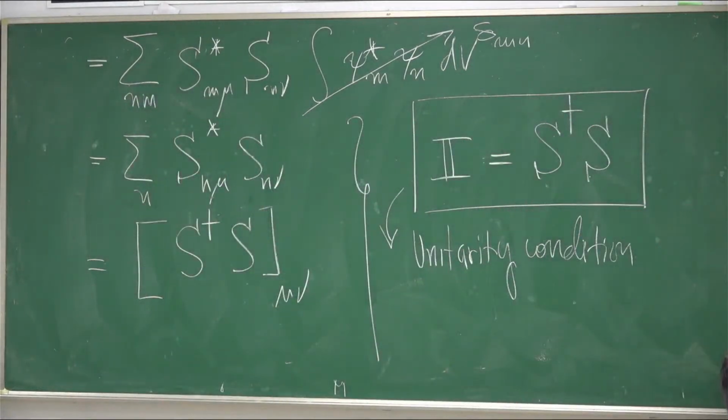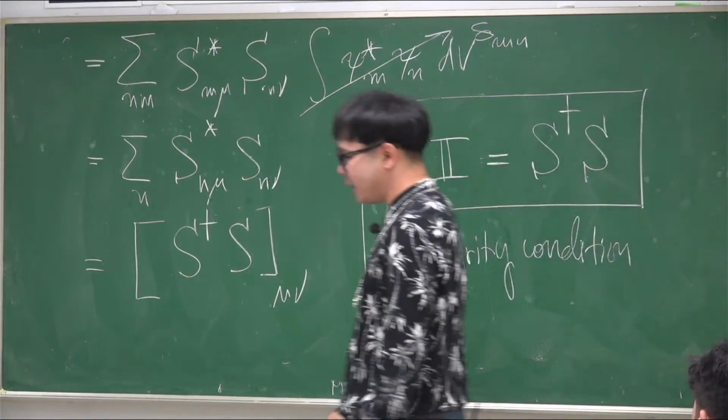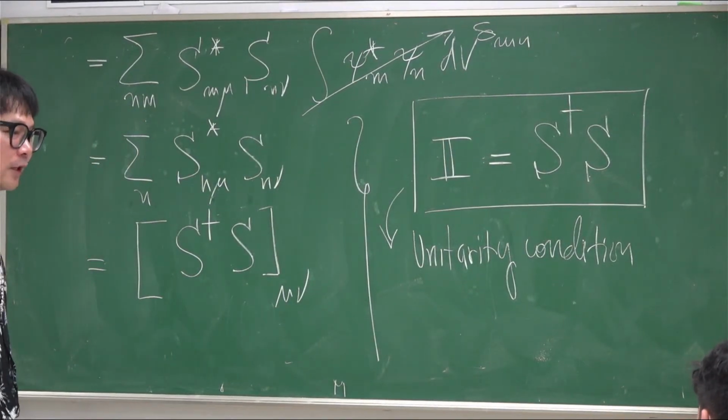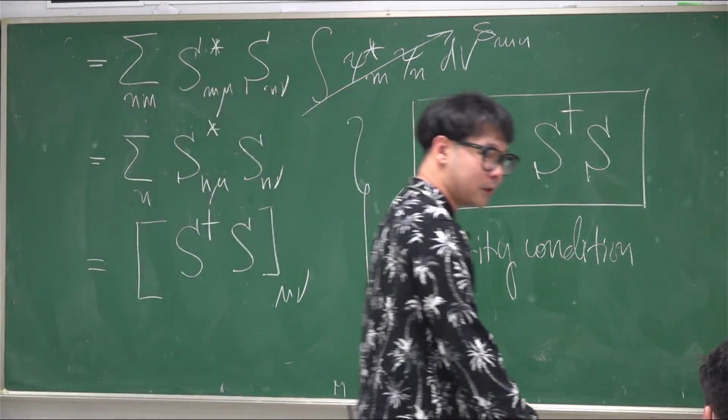So the question is that this unitary matrix needs to be Hermitian. Do they need to be Hermitian as well?